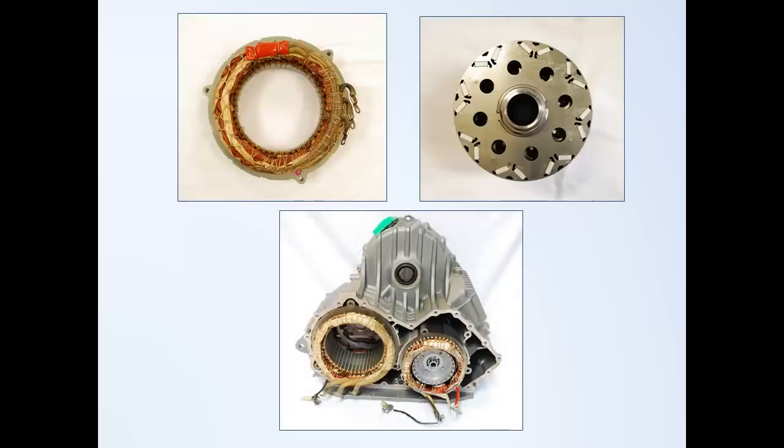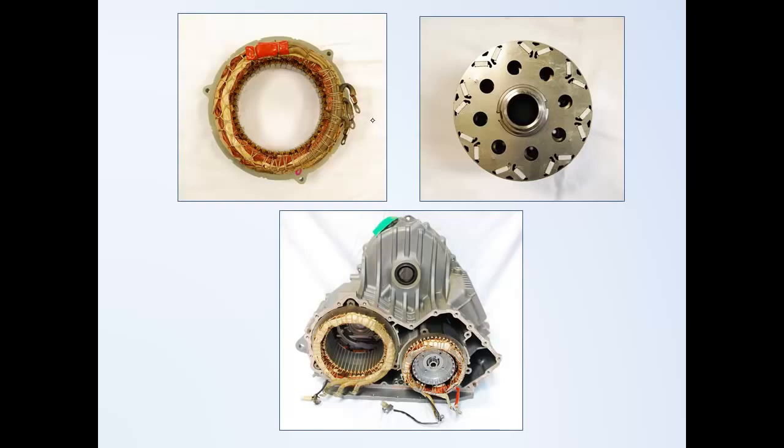Here's a picture of a permanent magnet synchronous machine from the first generation hybrid Escape. Here is the rotor, which is a permanent magnet rotor. These little squares are the magnets, and just like we saw previously with regular DC motors, we typically have more than just the two poles, more than just one north and one south pole, and that's what's being accomplished here.